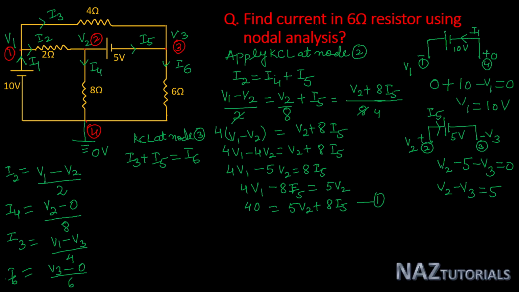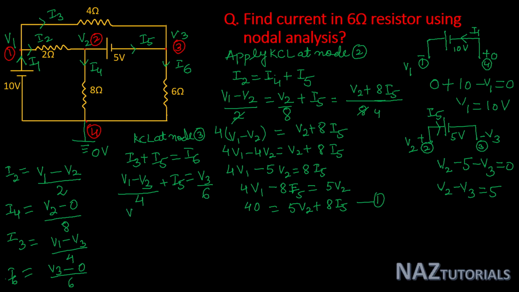So put all these values, that is V1 minus V3 divided by 4 plus I5 is equal to I6, which is V3 divided by 6.